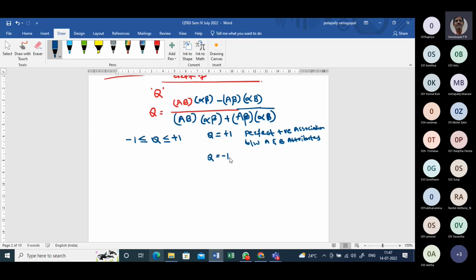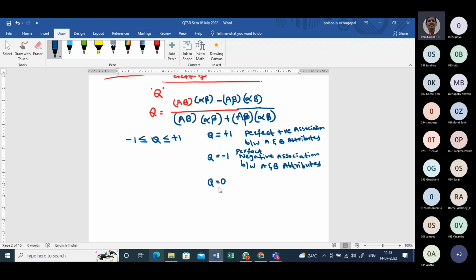Okay. So this will be perfect negative association between A and B attributes.